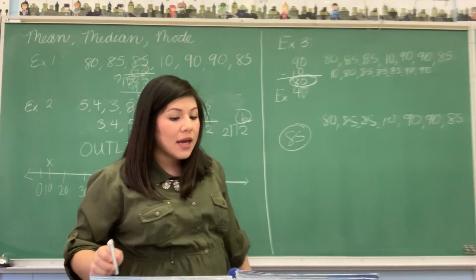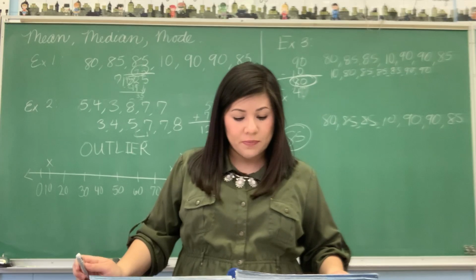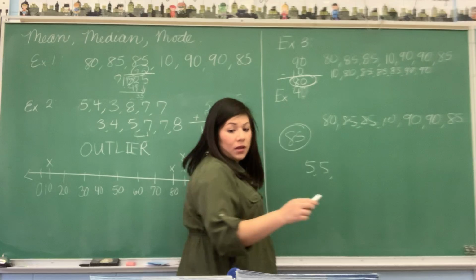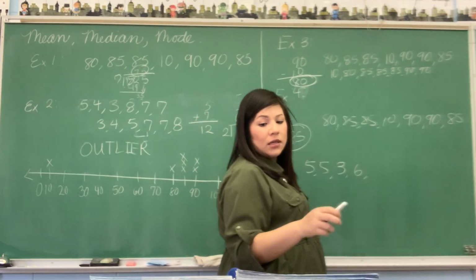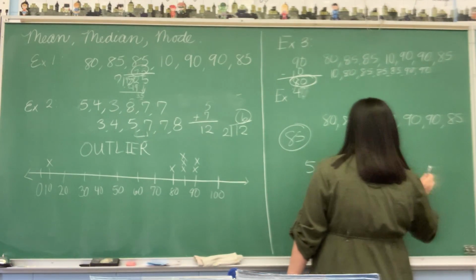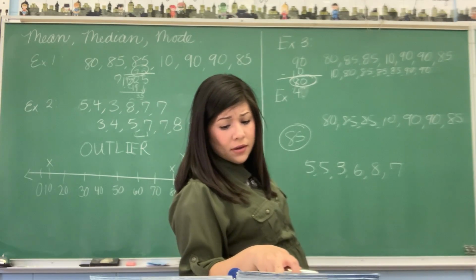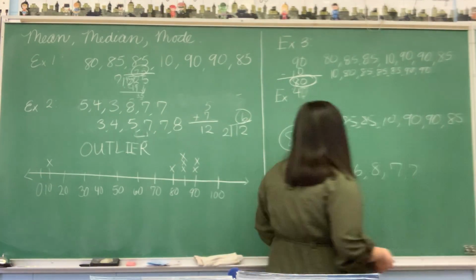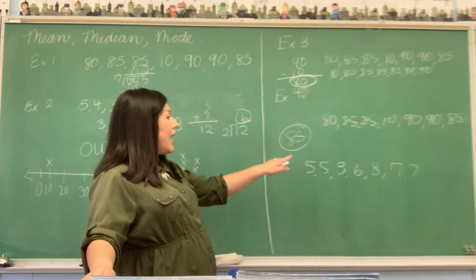Let's see if you can answer this. What is the mode of the following set of numbers? 5, 5, 3, 6, 8, 7, 7.